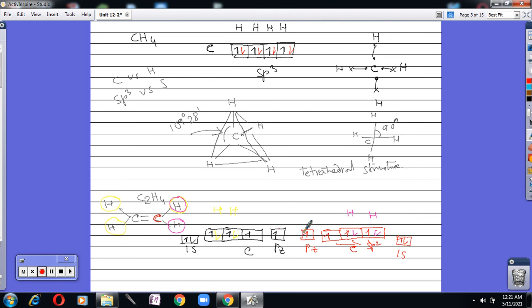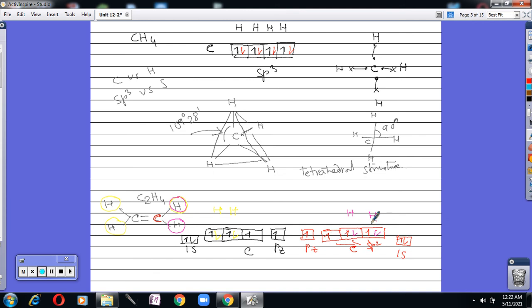Now from these two images, it's clear that this carbon has made a sigma bond with this hydrogen and this hydrogen, and this carbon has also already made two sigma bonds with these two hydrogens.